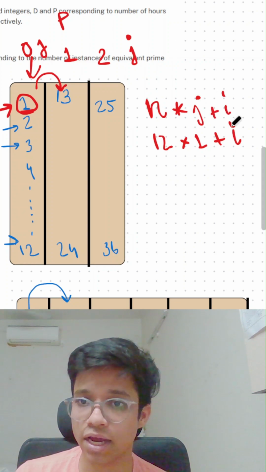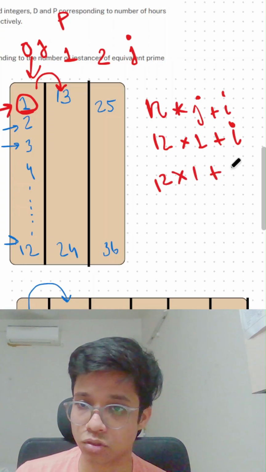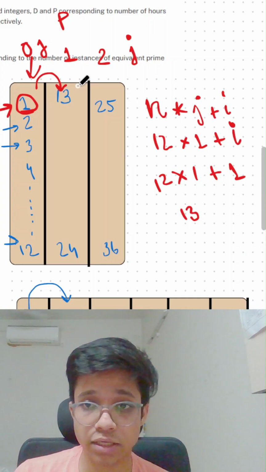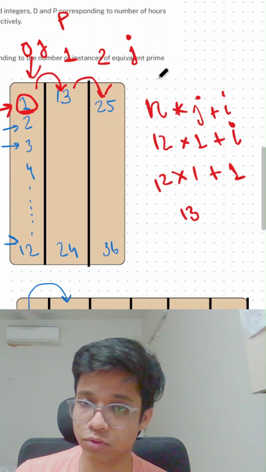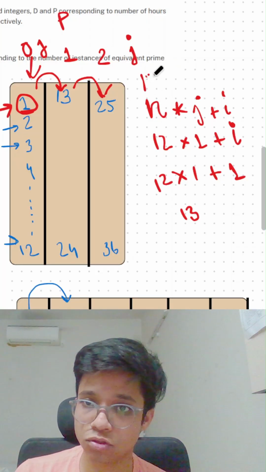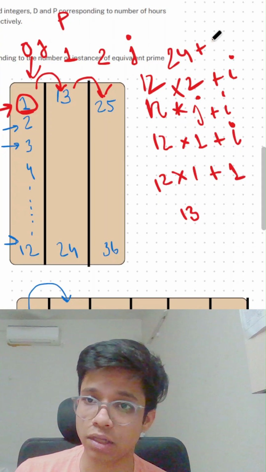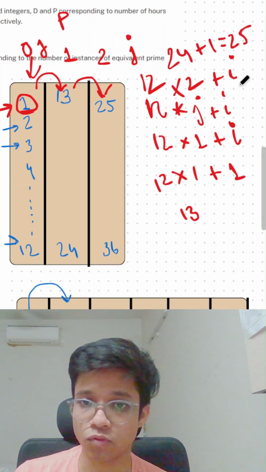So once we add I, we're going to get 12 into 1 plus 1, which is 13. Similarly, if 13 is a prime number, which it is, we're going to move to 25. How do we do that? Our n is still constant, 12. J is going to be 2, plus I. This becomes 24 plus 1 equals 25. So this is an easy formula and we can move on further.